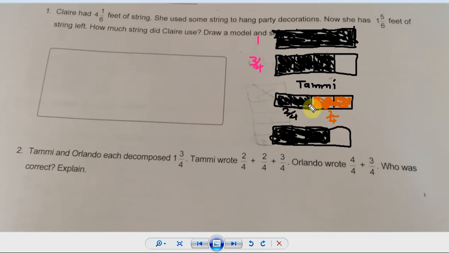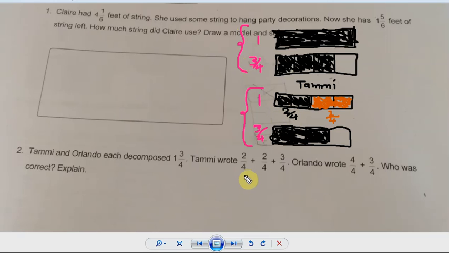So there we go. What Tammy did, she added 2/4 plus 2/4, and these 2/4 come together to give you 1 whole. And then she shaded 3/4 down here. So Tammy, in essence, shaded 1 whole and 3/4, just like the question did.